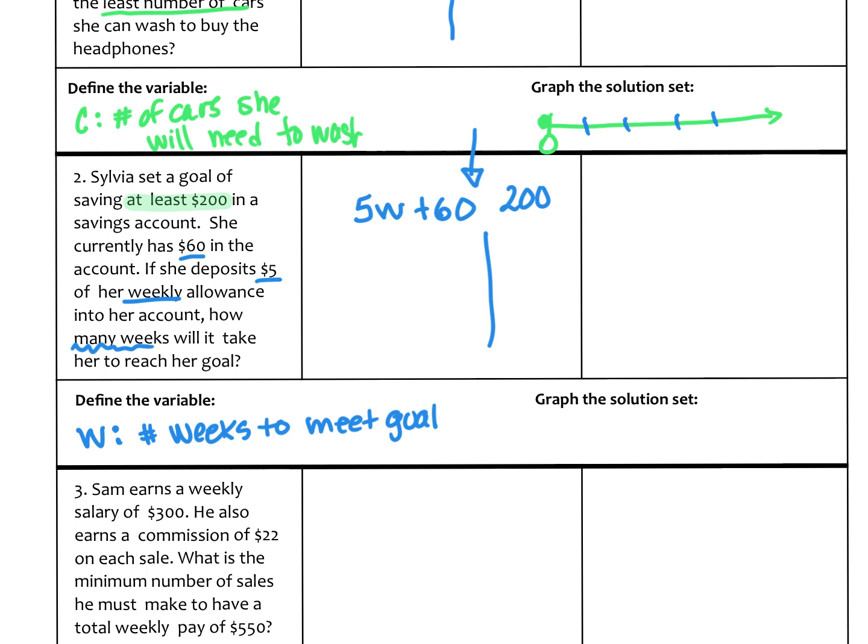Go ahead and solve for the number of weeks, and then come over here and let's substitute something in. Don't forget your sign there also. And then graph your solution. Again, we're not going to have negative weeks, are we? Okay.